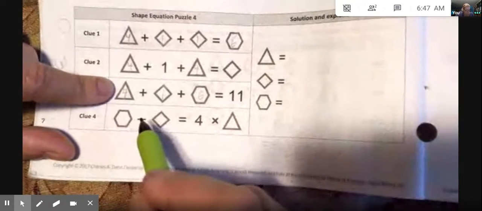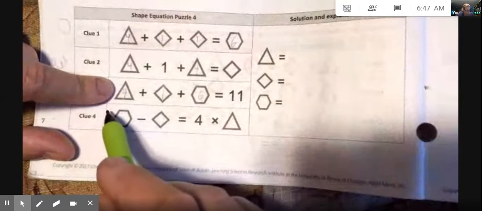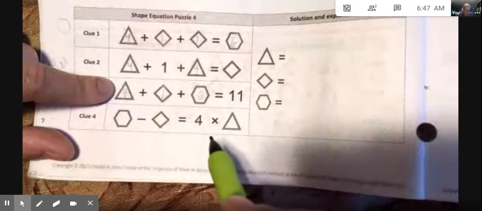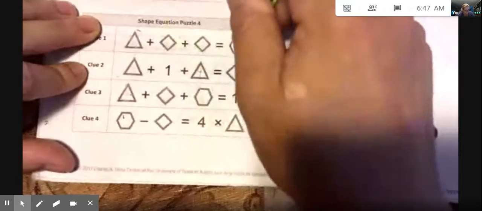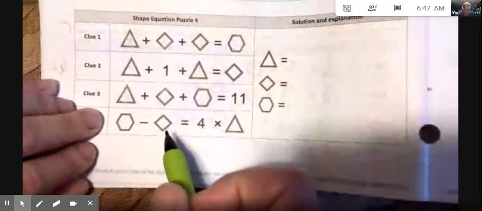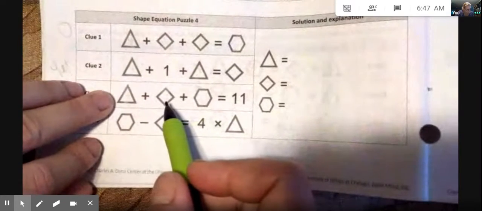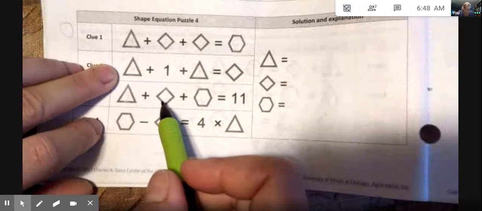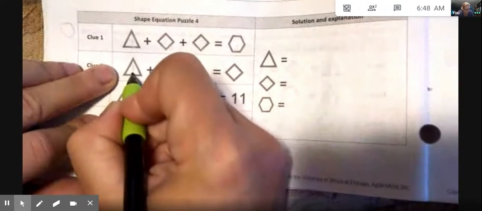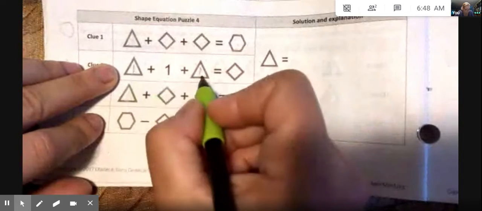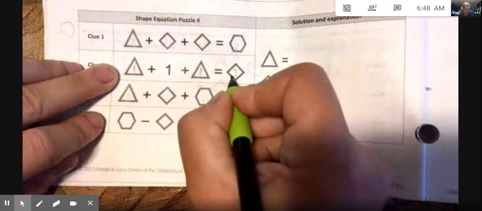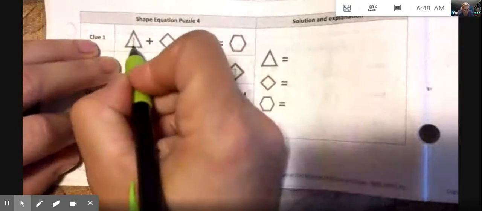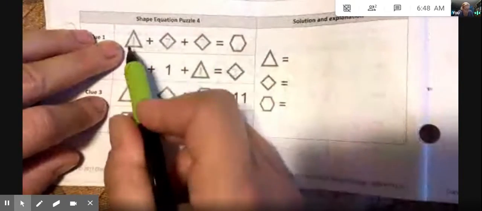So let's see. 4. What if this was a 1? 1 plus 1 plus 1 equals 3. 1, 3, 3, 6, 7.